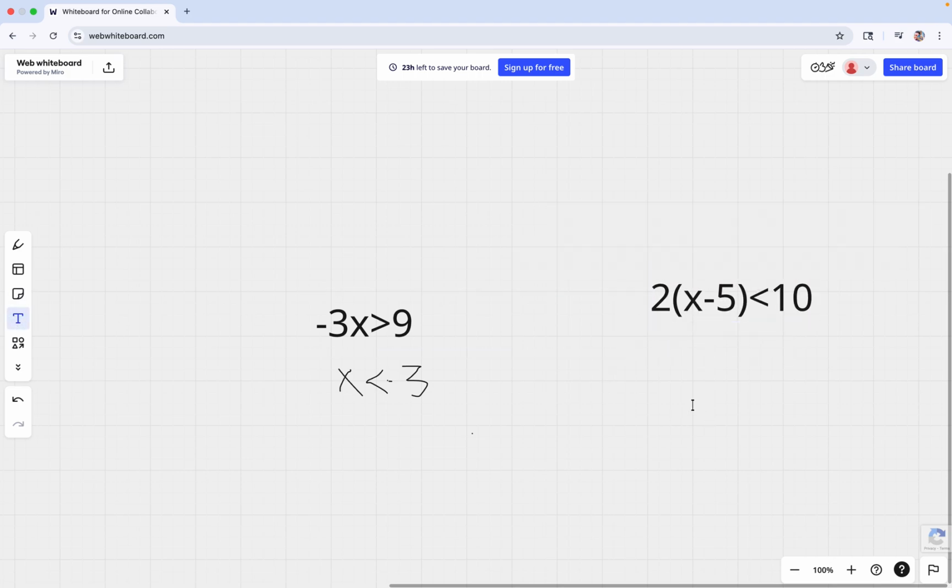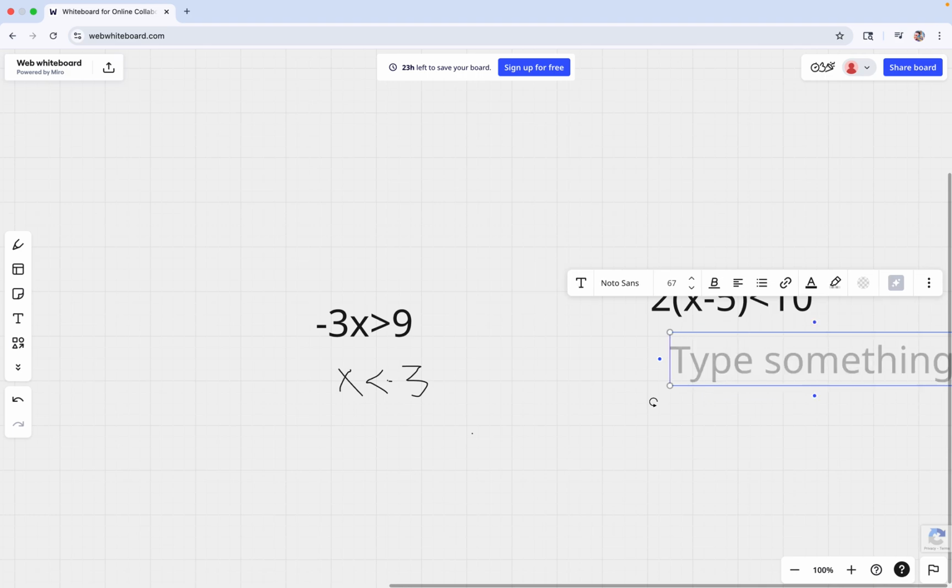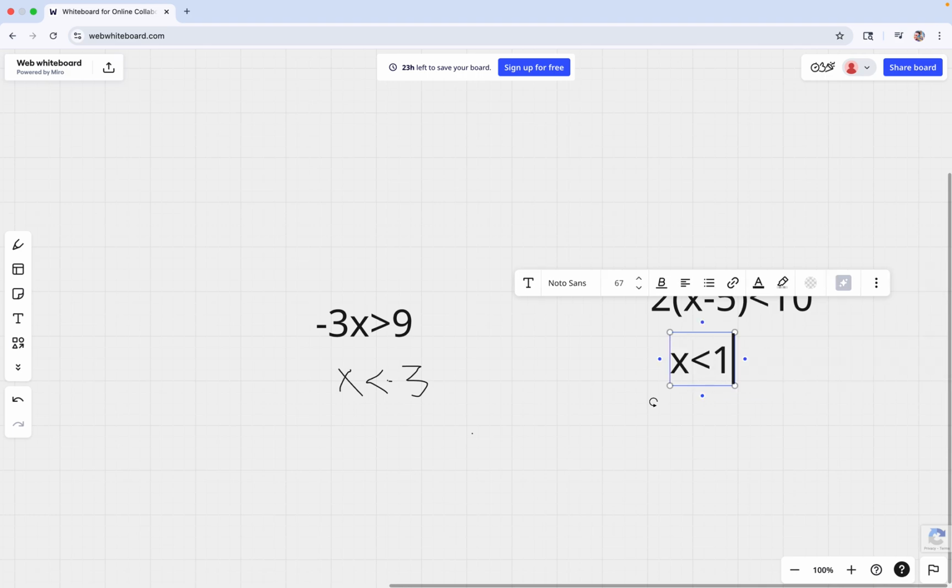So we would get 2x minus 10 is greater than 10. Okay, and then we would do what we did last class. We would just add the 10 to the other side, and here we get 2x is greater than 20. And then we would divide by 2 to isolate the x. And then we would get x is greater than 10.